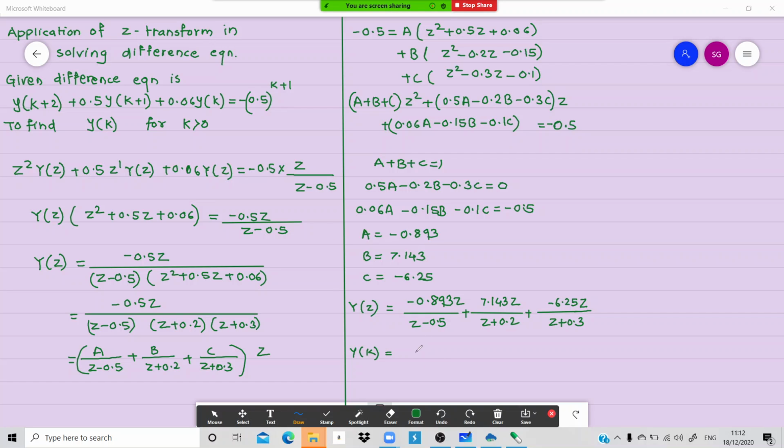So y of k is equal to minus 0.893 into 0.5 raised to k, plus 7.143 into minus 0.2 raised to k, and minus 6.25 into minus 0.3 raised to k. So this is the answer.